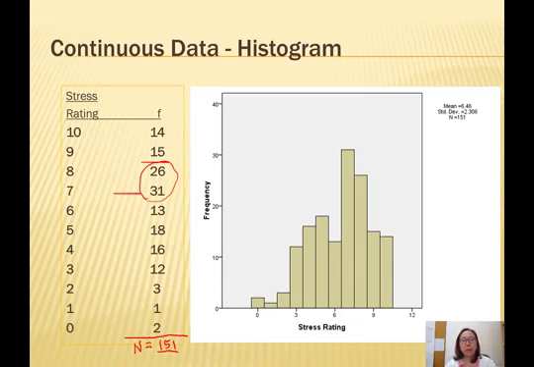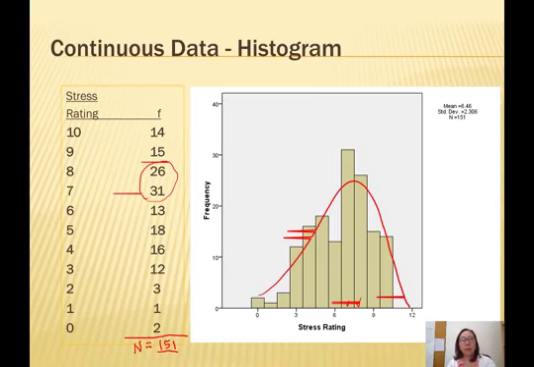And when you see how the stress rating going from 0 to 10, from left to right, is listed here, and how the frequencies look in a picture, you kind of see the stress rating 7 and 8 here, right? That's where most people are. Kind of see a pattern like this. So this is known as the histogram.